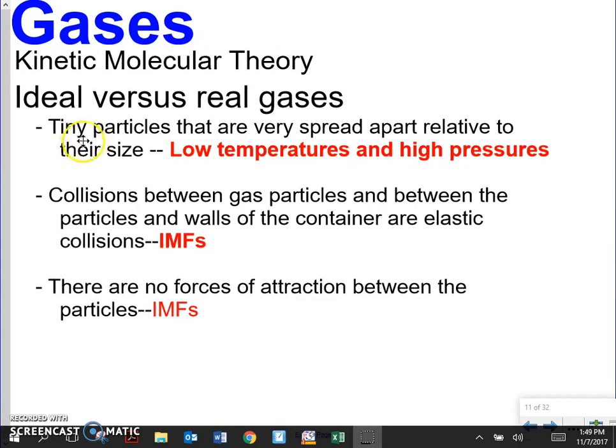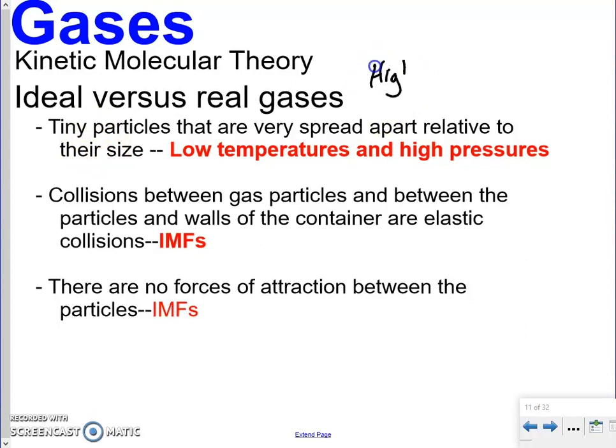So first and foremost, tiny particles that are very spread out relative to their size. This is only going to be true at high temperatures and at low pressures. Why? Because at high temperatures, we're going to have a lot of kinetic energy, so a lot of motion, very spread out, moving very quickly.